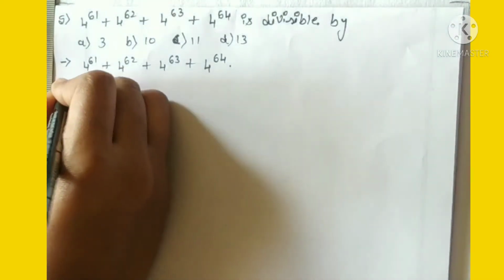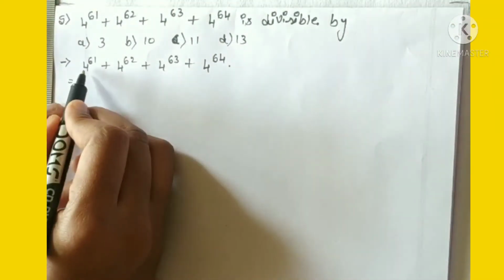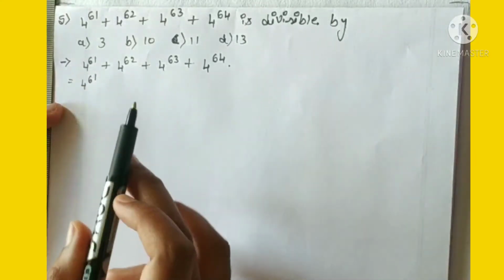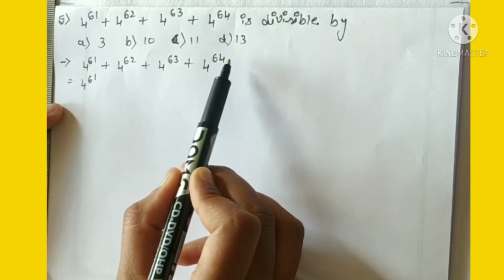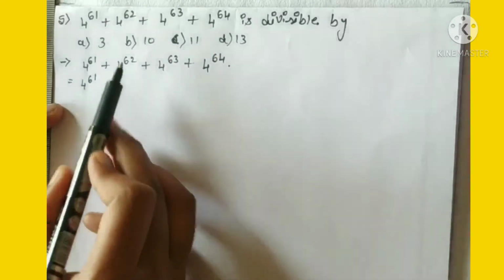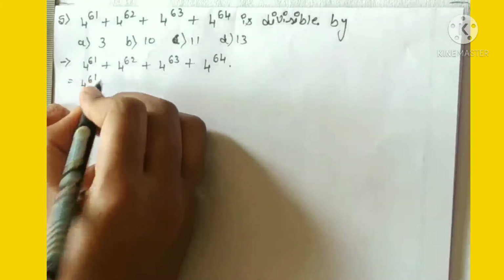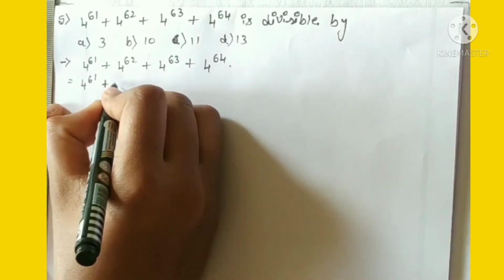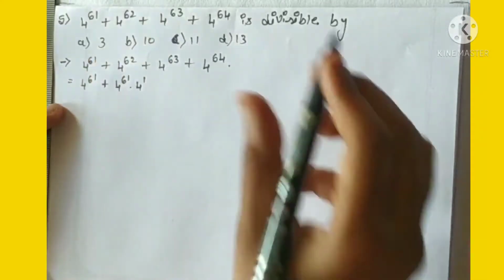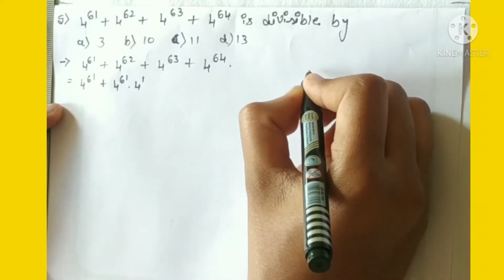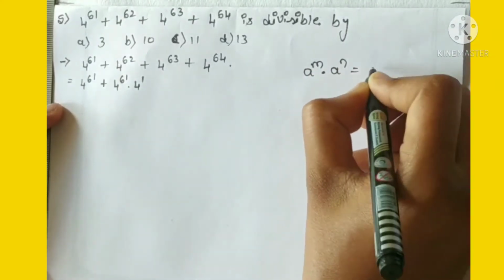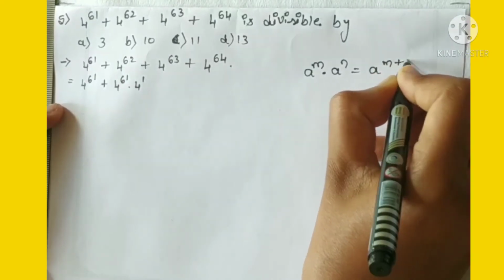Now write 4 to the power of 61 as it is. Now I just take common factors in all the remaining 3 terms. For this I just split 62 as 4 to the power of 61 into 4 to the power of 1. This I wrote according to the rule, that is a to the power of m into a to the power of n is equal to a to the power of m plus n.